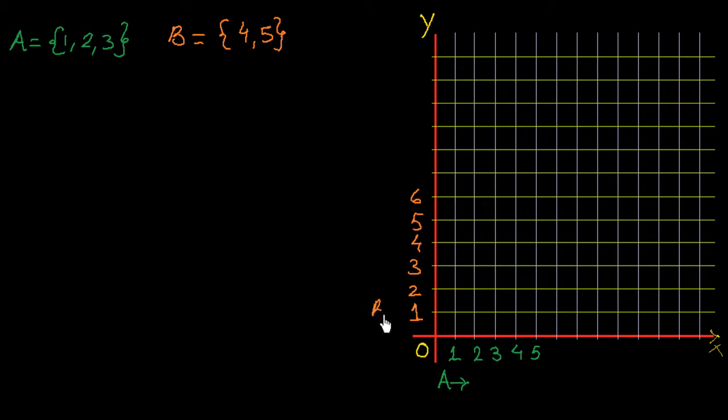Here we plot the elements of set B, and here the elements of set A. Now x is equal to 1, so I draw a line parallel to the y-axis because it goes through 1. This is our x is equal to 1.